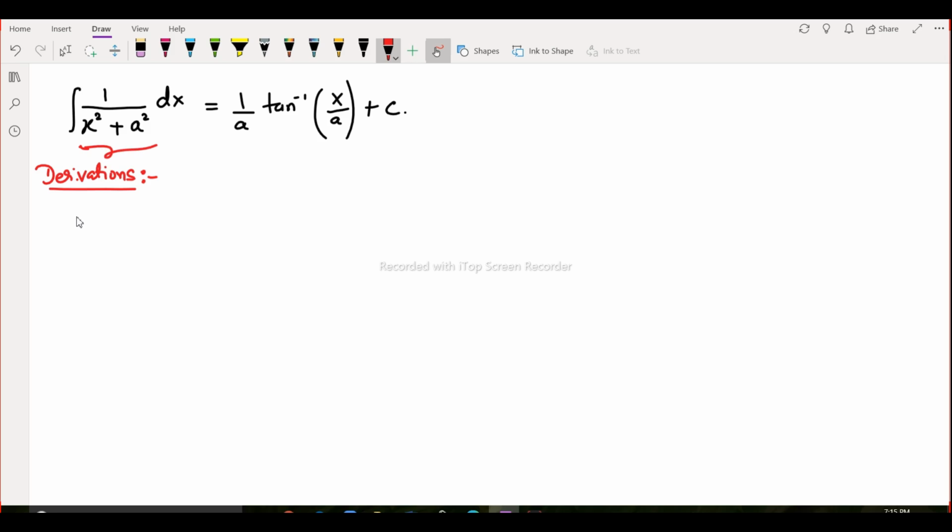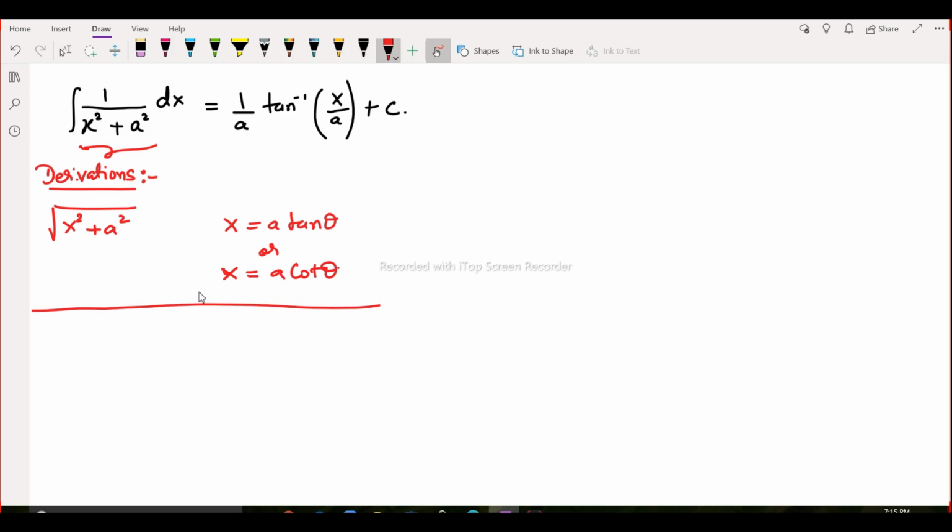If we have something like x square plus a square, with or without the root, we'll try to put x is equal to a tan theta or x is equal to a cot theta. The reason is that 1 plus tan square is sec square and 1 plus cot square is cosec square. So that's the logic, for when you have x square plus a square.